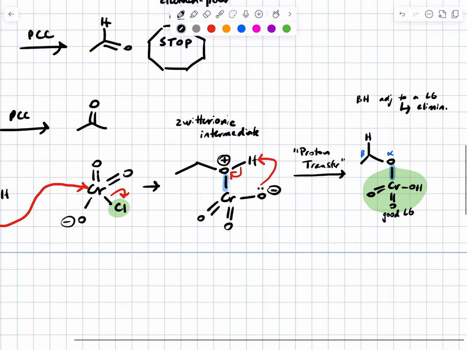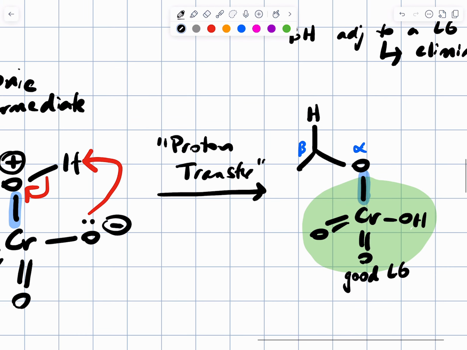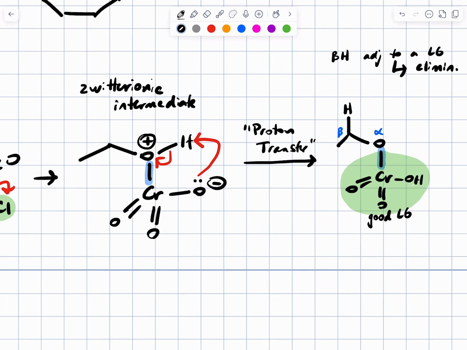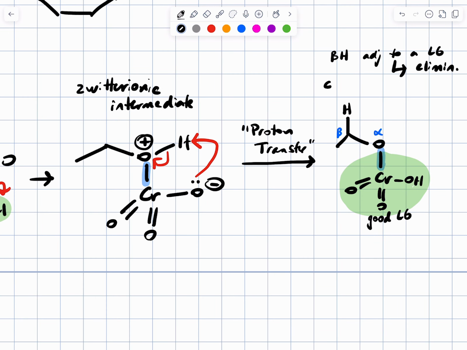An elimination reaction will remove the beta proton and the leaving group is going to leave. Now, what's the base? It turns out the only thing you've got in solution at this point that's negatively charged is probably Cl minus. I don't really like that as a particularly good base.